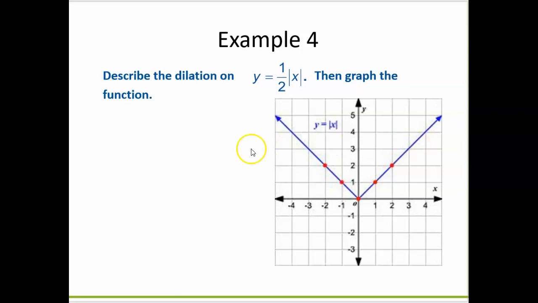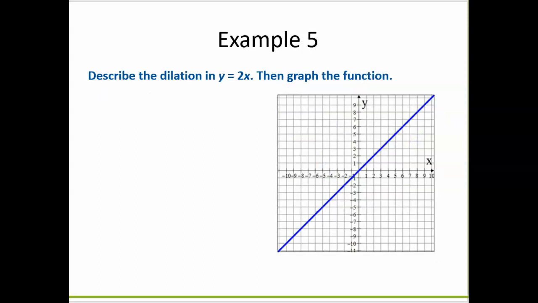Okay, example 6, we have y equals 2x. So that dark blue line is the original. So that 2 is in front of my x. So what that means is that this line is going to have a new slope of 2.